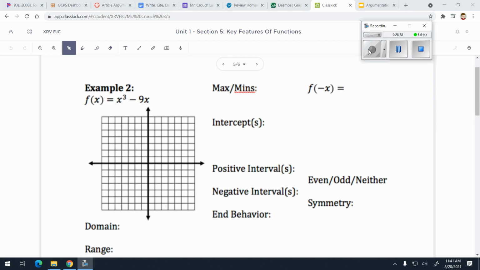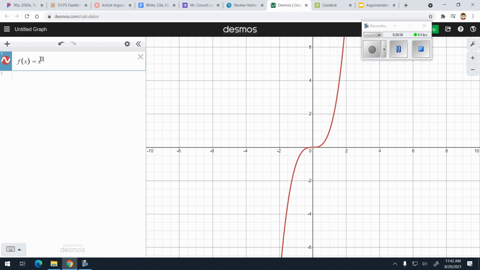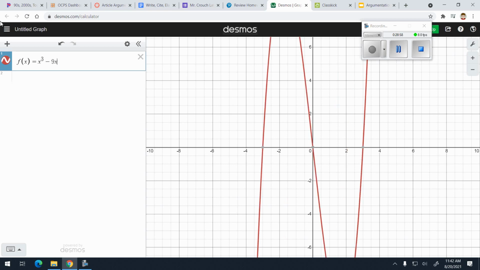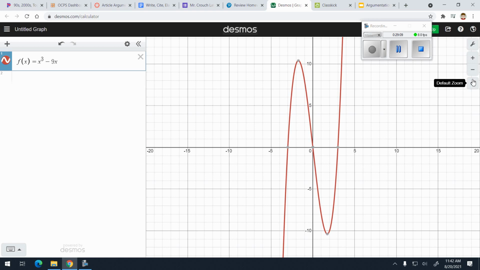All right, so for our last example, it's x cubed minus 9x, so I'm going to go ahead and graph that on my Desmos here. Zoom it out a little bit. Okay, so we have a couple points here. One at 0, negative 3.